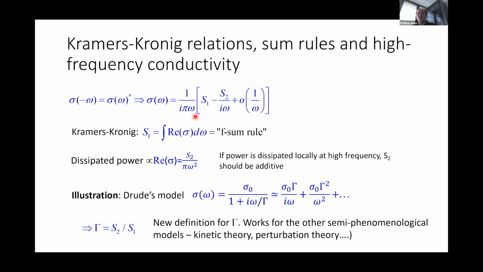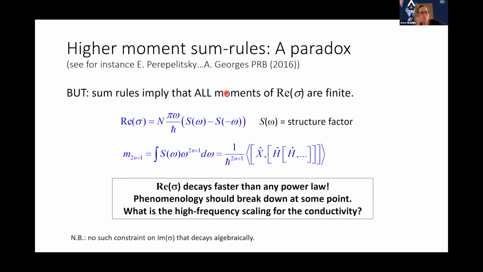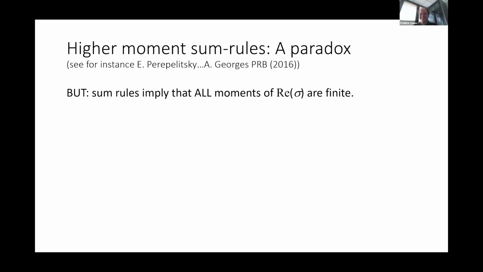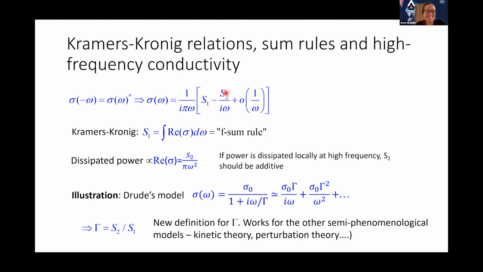Likewise, the real part of the conductivity gives you dissipation, and dissipation will also be local in this case. So probably with the next term of the expansion, you can also use some local density approximation. The sum rule and the structure factor are here. Okay, perfect. Good. Thanks. Thank you.